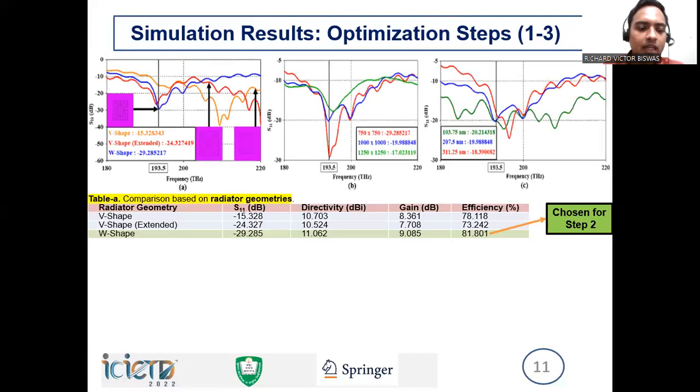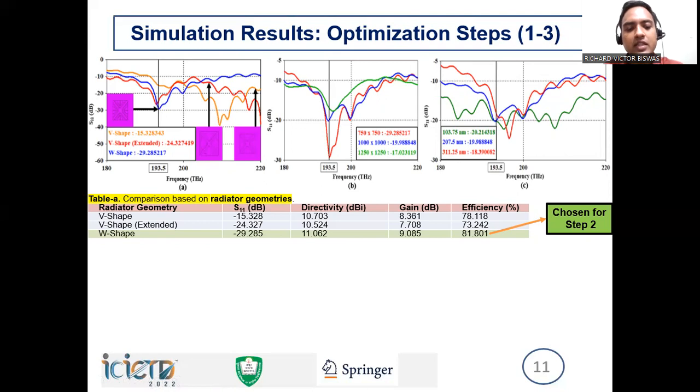Simulation results, optimization steps 1 to 3. Let's look at table A first. As compared to other radiator geometries, the W-shaped slots form the radiating structure in such a manner that both electromagnetic field vectors strike the radiators symmetrically, deriving a unidirectional radiation pattern with excellent efficiency of 81.801% and return loss of -29.295 dB.